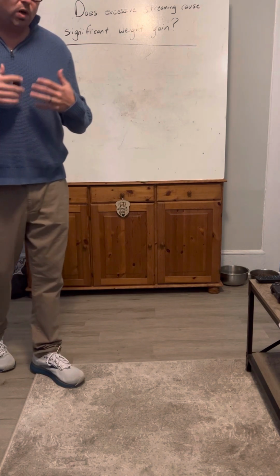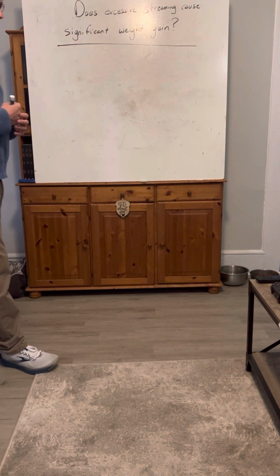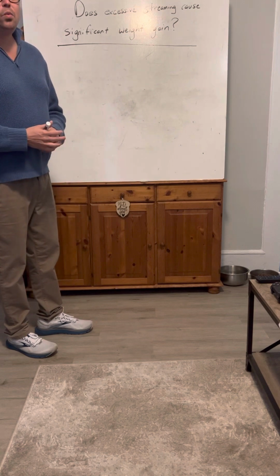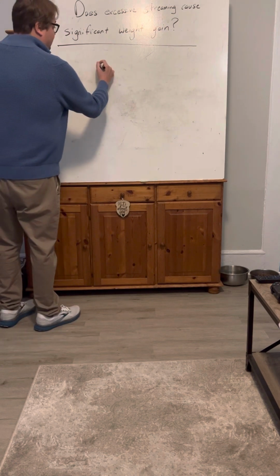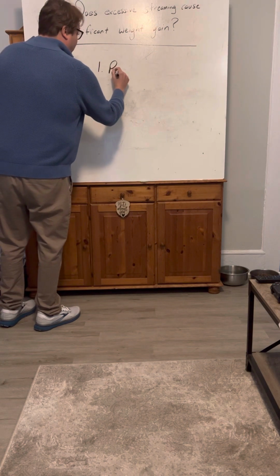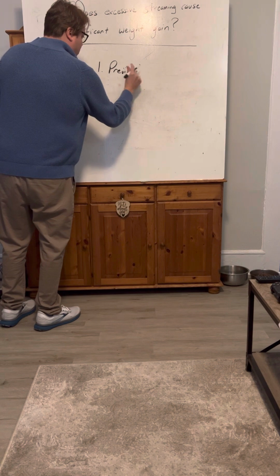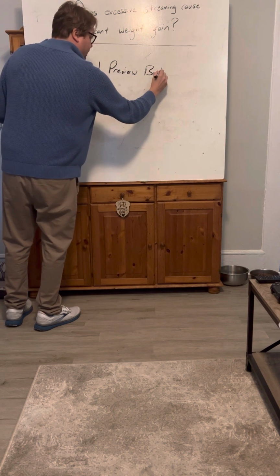So one of the things you need to include in your thesis statement is you need to preview what's going to come in the body of the paper. So that's our first thing that we need to do: preview the body.